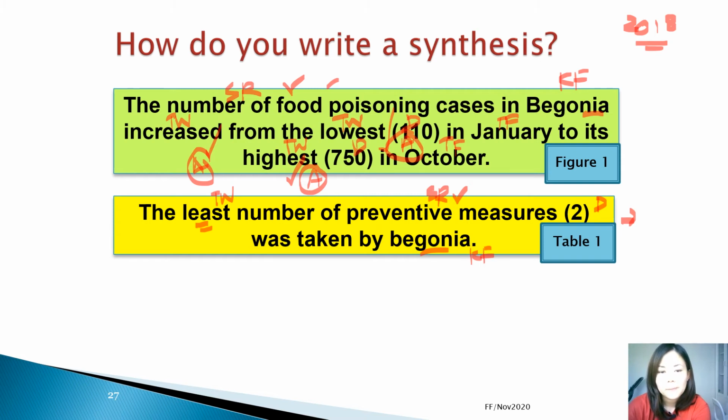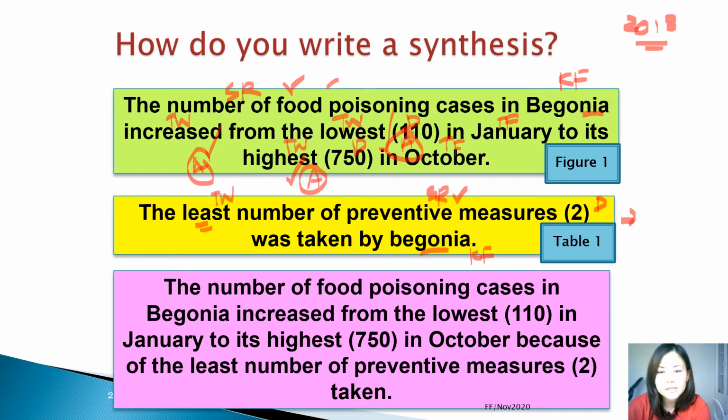Now, ladies and gentlemen, we are to combine this into a sentence in order to make a synthesis. Let's check how we do it. Number of food poisoning cases in Begonia increased from the lowest, 110, in January to its highest, 750 in October, because of the least number of preventative measure 2 was taken.